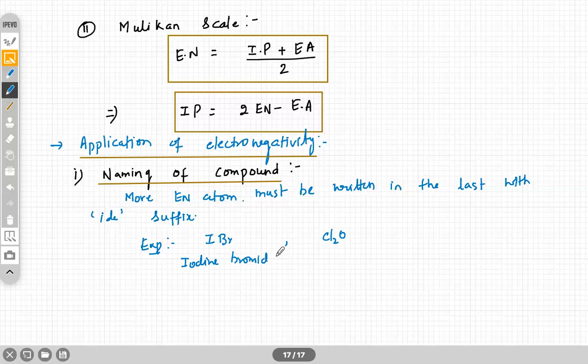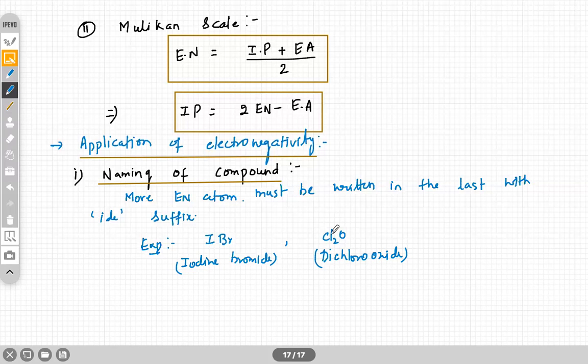Oxygen is more electronegative, so dichloroxide, we are adding the ide suffix. That's one of the applications we have, nomenclature of compounds.